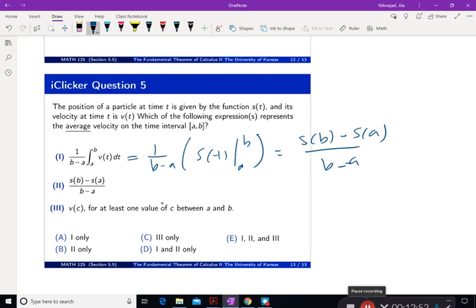If you remember the mean value theorem, if the function is continuous, which in this case it is, and differentiable, the average value is going to be equal to the derivative at c for some c between a and b. That's the statement of the mean value theorem. So all 3 of them are correct.